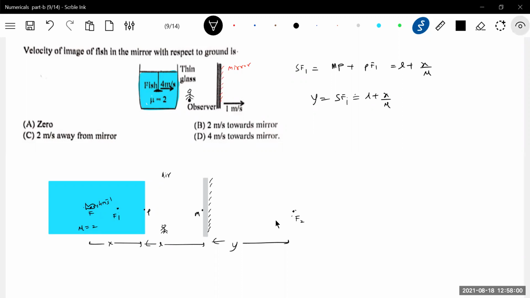So is L constant? No. The interface is fixed here. So what reference are you going to take? You are going to take this interface as the reference. This is very important. Now you differentiate it. First we'll get the velocity of this image. V1 is needed, so that is what we'll differentiate here.